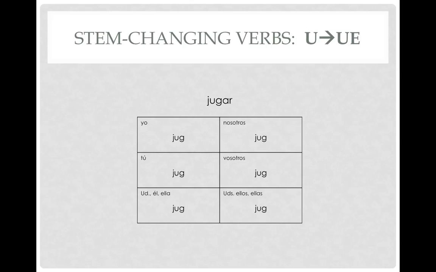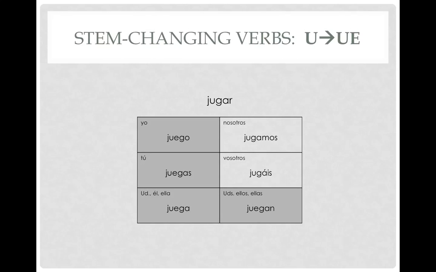Our last type of stem changing verb is a U to UE. We only have one verb that fits in this category, and it is jugar. So again, we will follow the same process. Write down our stem, which is J-U-G, add our endings for AR: o, as, a, amos, áis, an, and then we change our stem from U to UE, but only in that boot shape.